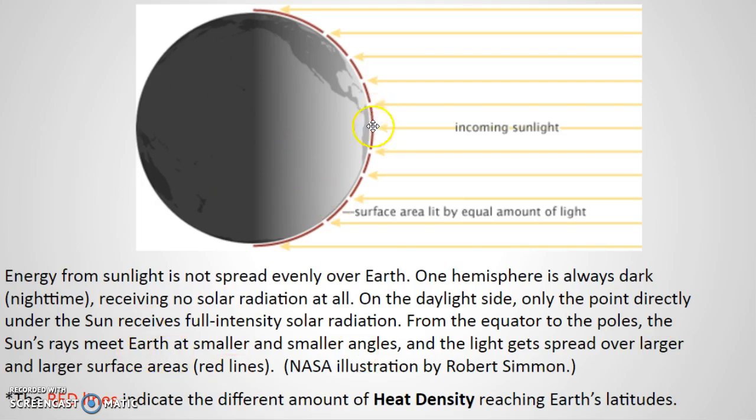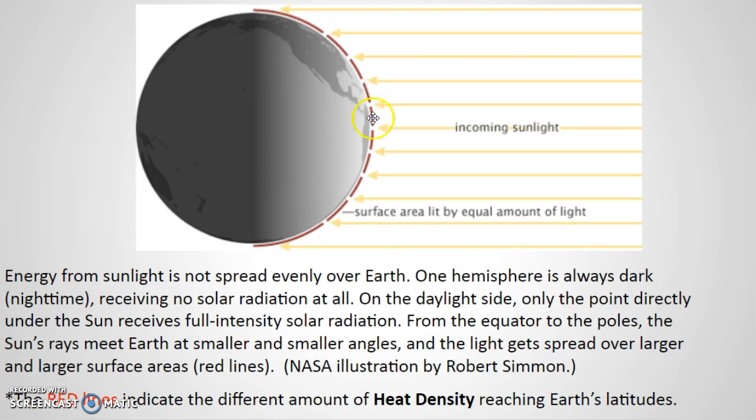And these are what we'll look at here. So this date right here, if I know that the heat density is along the equator, I could say that this is at or near one of the equinoxes. And as I travel further, I want you to see that the red lines are more spread out. In other words, we could say that the directness of sunlight is much more directly overhead at the equator. We can assume that would be an equinox because we know that time of year is when it receives the greatest directness of sunlight.